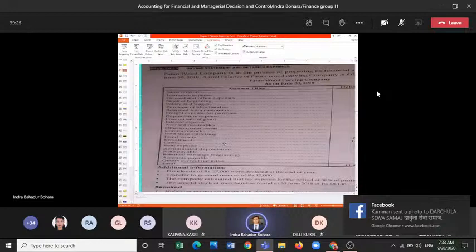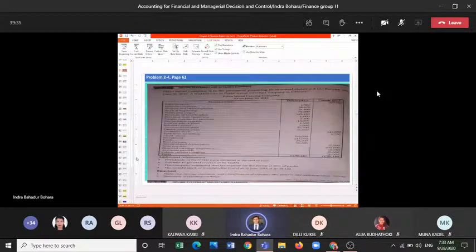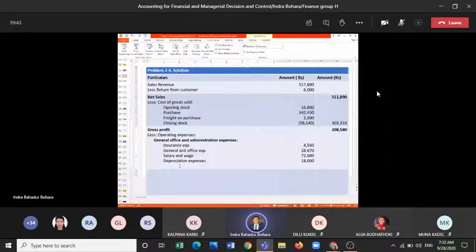In the adjustment, tax is given, closing stock we have finished, and the other two are retained earnings related. Okay, write down rent expense. Rent expense is 36,000.